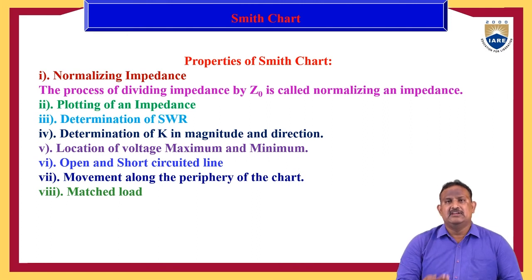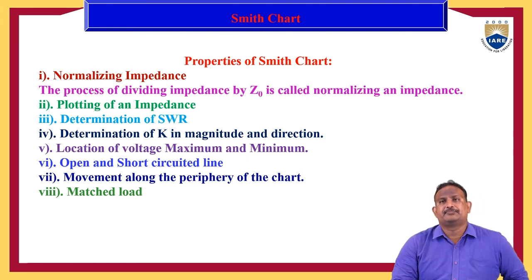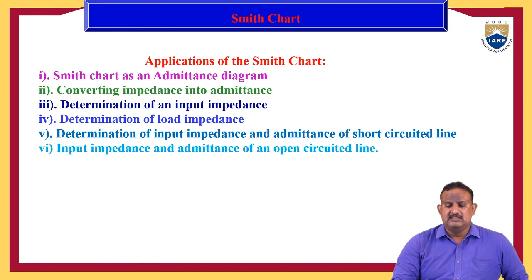It is used to find open and short circuited lines, for movement along the periphery of the chart, and for matching loads also. It is also used for stub matching. Stub matching may be done in two ways, single stub matching or double stub matching. Then it has some peculiar applications.